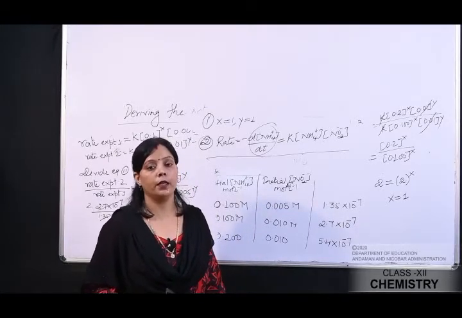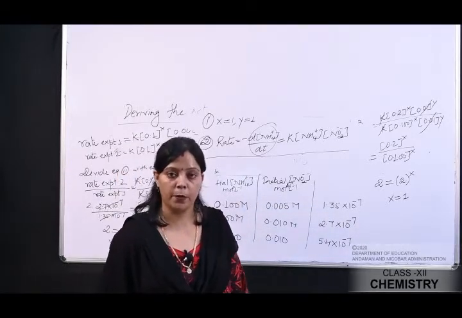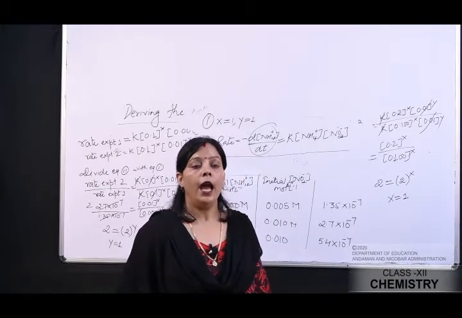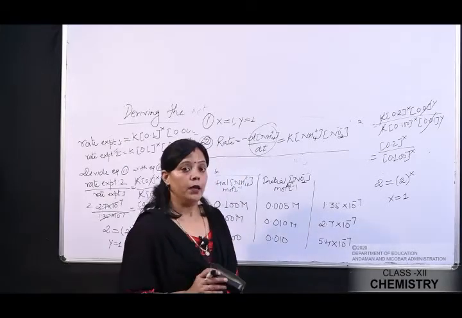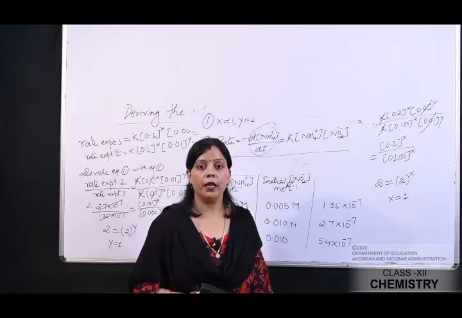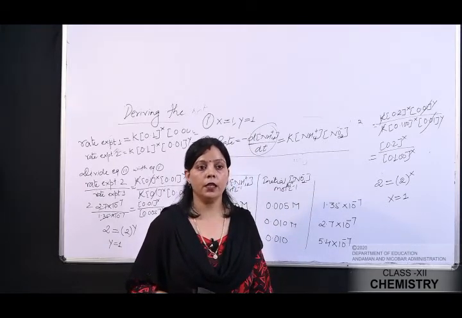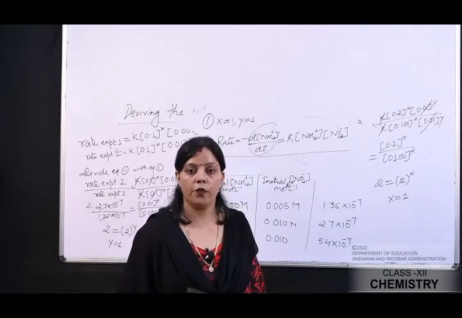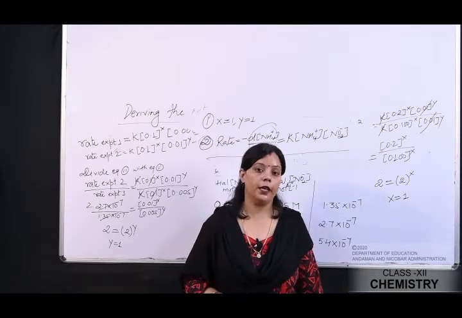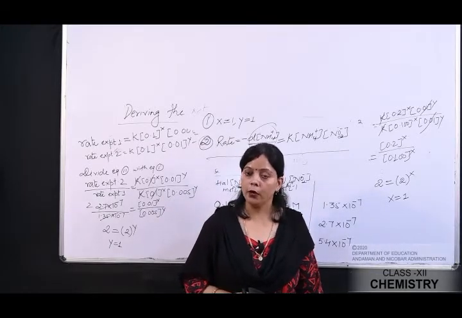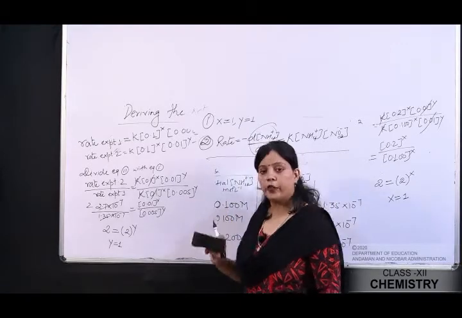The initial rate method is used to determine the rate expression for a chemical reaction. In the initial rate method, we first determine the instantaneous rate of the reaction just before the concentration of the reactant changes significantly. Several experiments are carried out, and here we are going to consider 3 experiments.